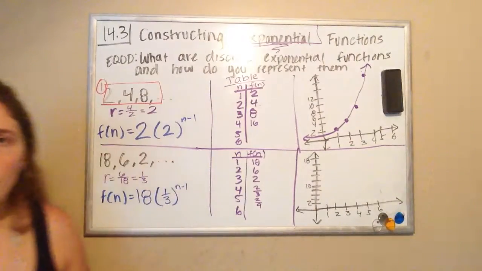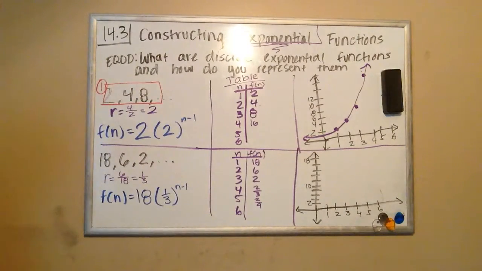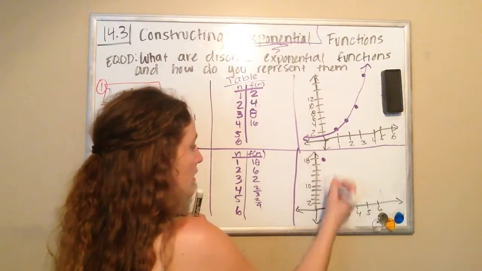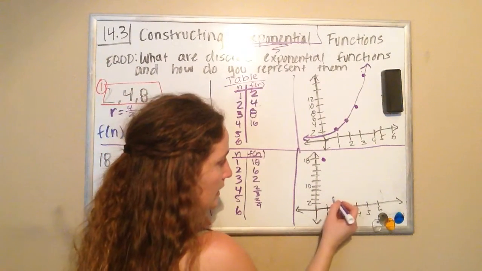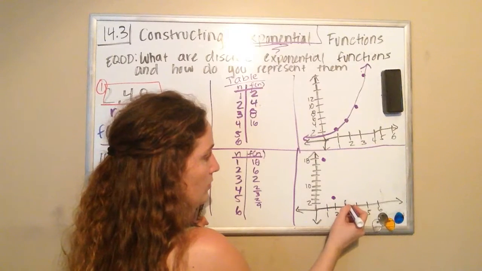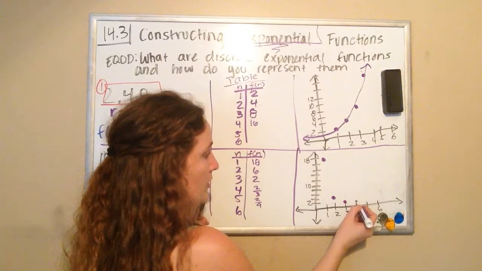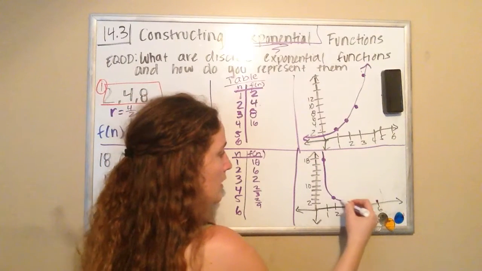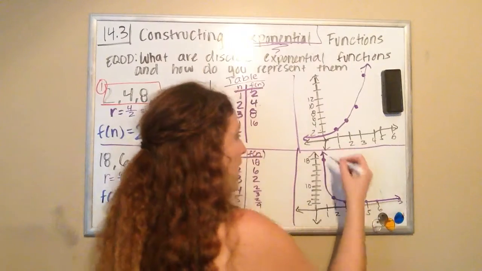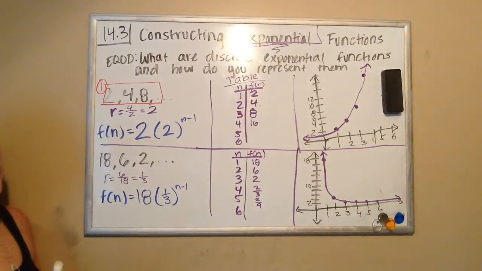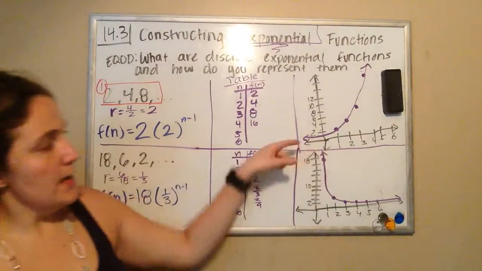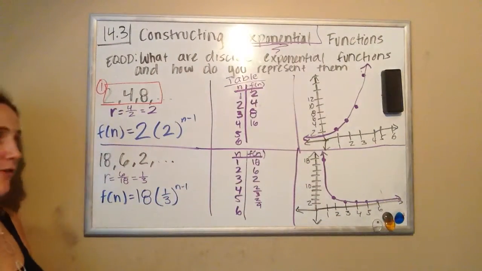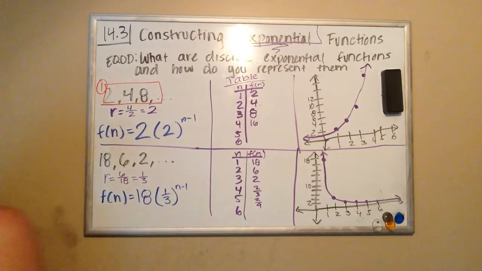Alright, so for this graph here, we have all our coordinate points: (1, 18), (2, 6), (3, 2), (4, 2/3), (5, 2/9), and so on. So this exponential function is going to look like that. Notice it's not a straight line, it is a curve, and when we read it from left to right, it is decreasing, right? That's because you're dividing by a factor of 3 each time, not multiplying. So it's getting smaller and smaller.